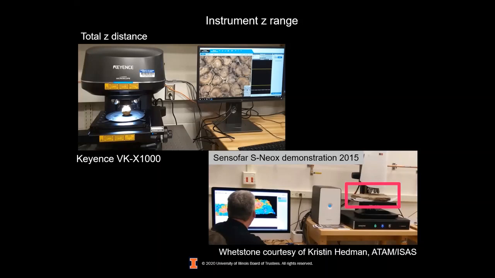Generally though, as long as the distance that you travel up and down to do a measurement is within the working distance of the objective, and you're not hugely angled such that the objectives would bump into the sample, then you can generally measure anything relatively large.